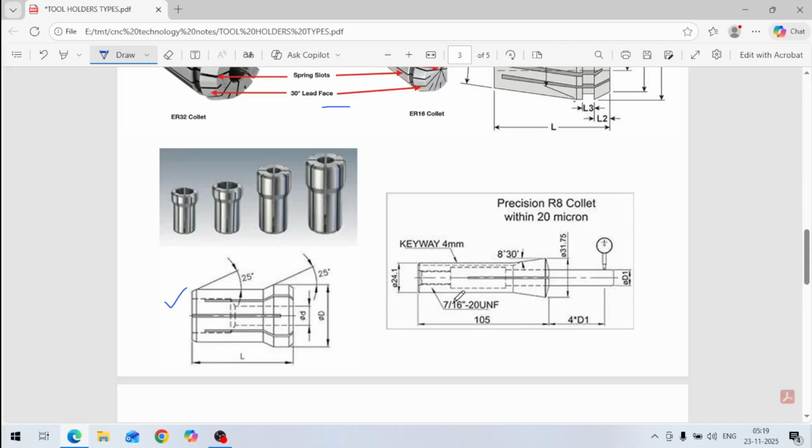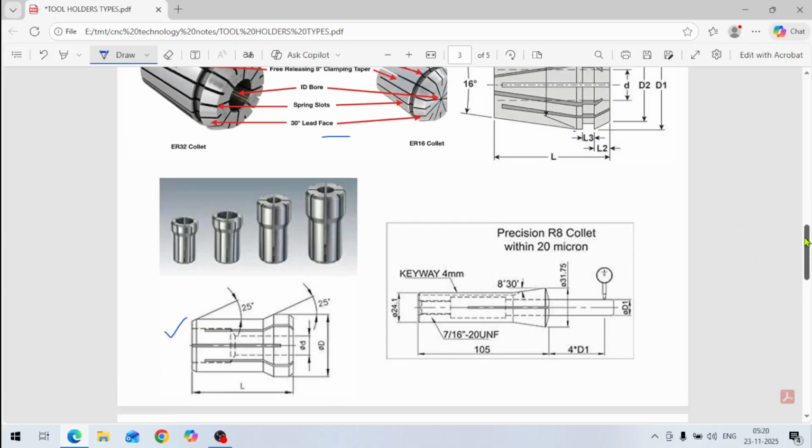This is your tool in the collet, and this angle is given as 8 degrees 30 minutes. Approximately 17 degrees is the total included angle, and this thread is given as 7/16-20 UNF, unified fine threads. So these dimensions are given here. This is the R8 collet.